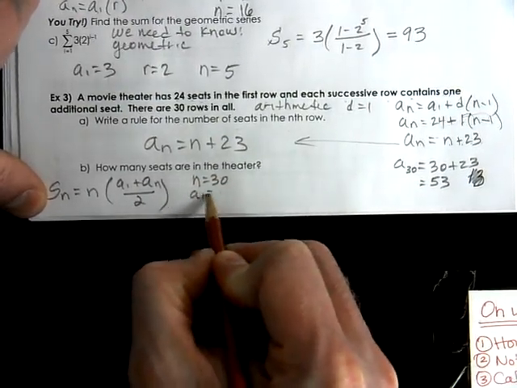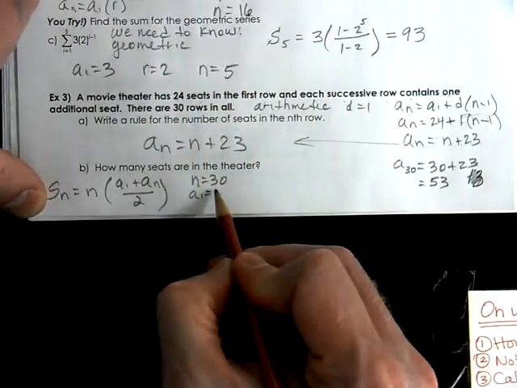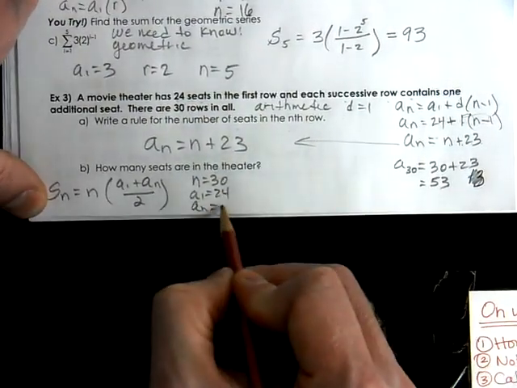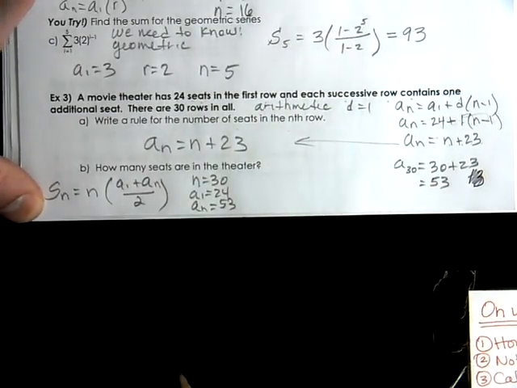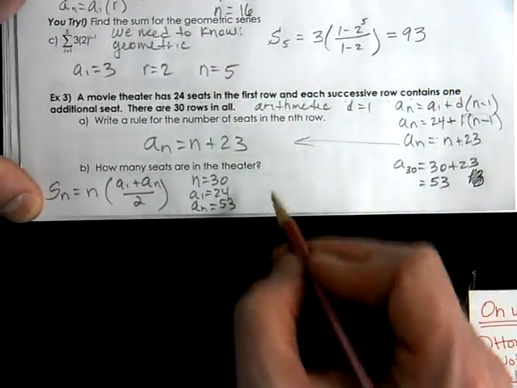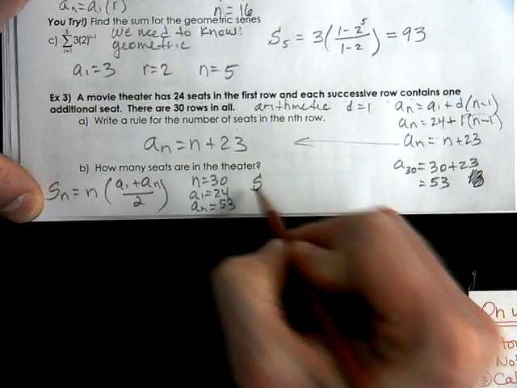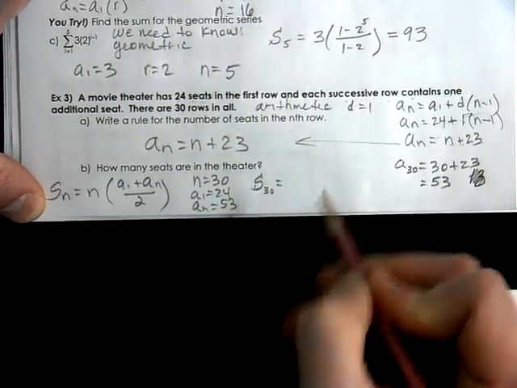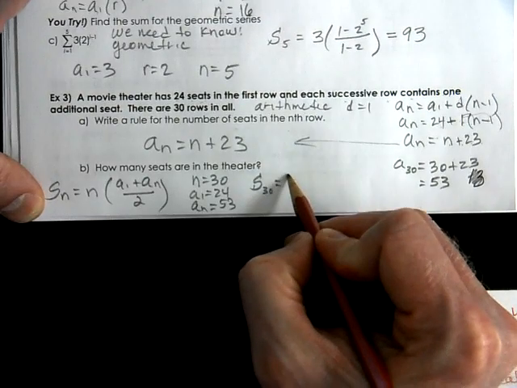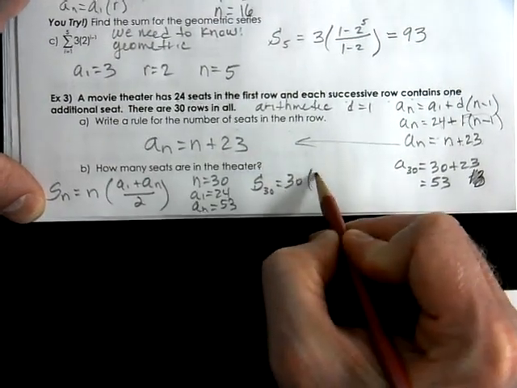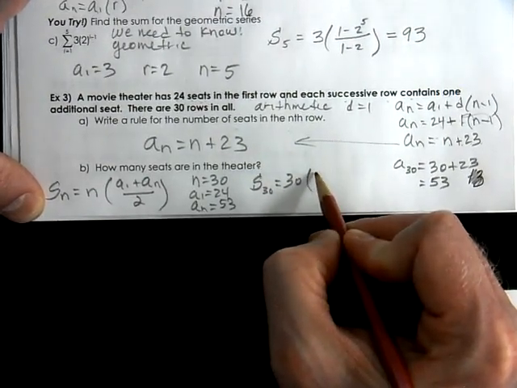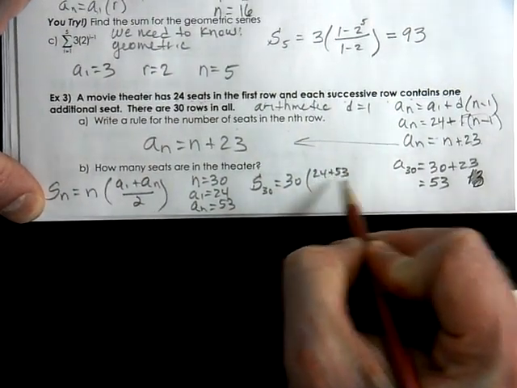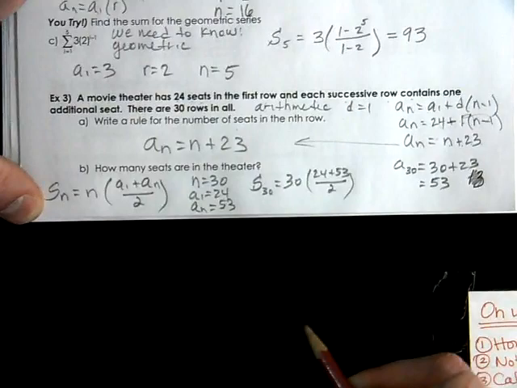Our first term was 24, and our last term is going to be 53. Now we're ready to add those all together. So the sum of our 30 rows is going to be 30 times 24 plus 53 over 2.